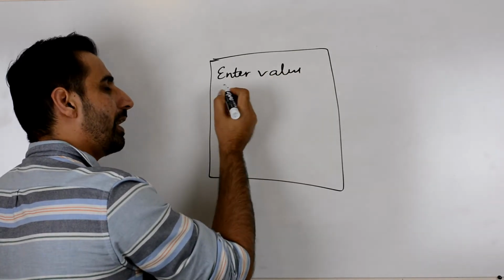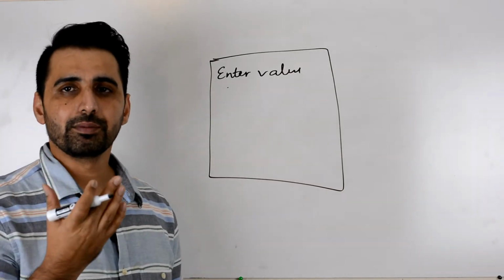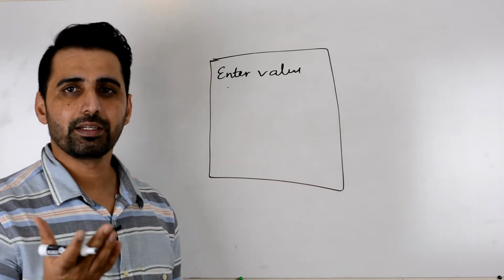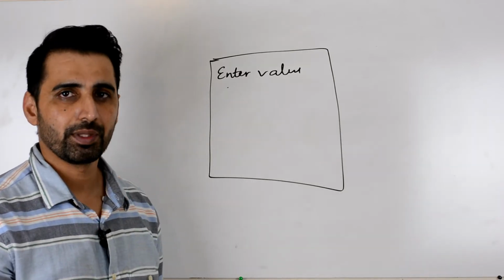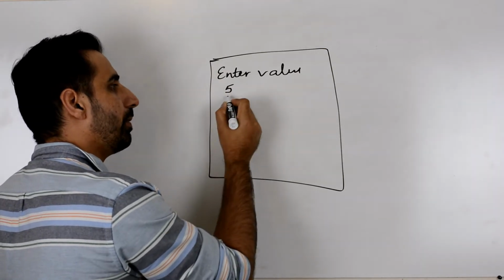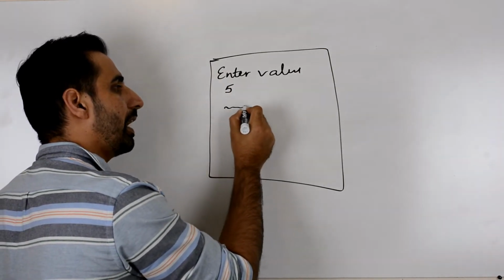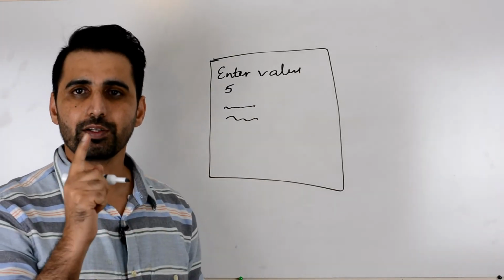Then I should enter a value, if it is an integer, meaning a number, or if it is floating, any number with a point, or if it needs a character or a string. According to that we'll enter a value from the keyboard, and then it will calculate the result. In this program we are accepting only one integer value.